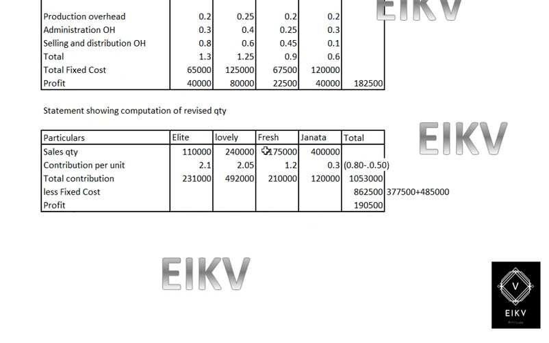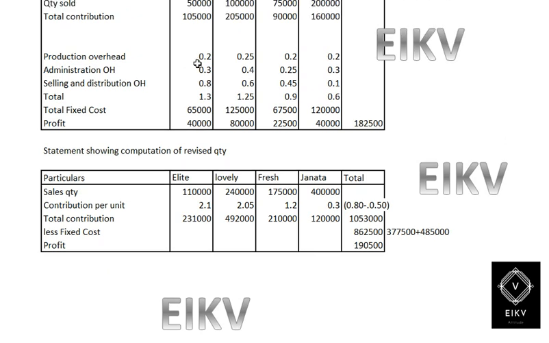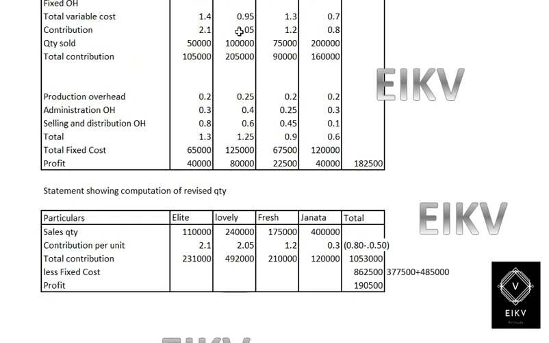After that we can go ahead with contribution per unit. Contribution per unit is directly taken from the above table, which is 2.1, 2.05, 1.2 and 0.8. Over here there is a small difference where the sale price of Janta will be reduced by 1 rupee.